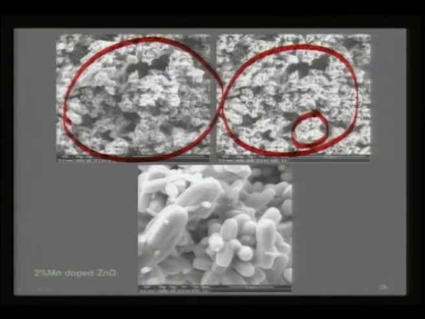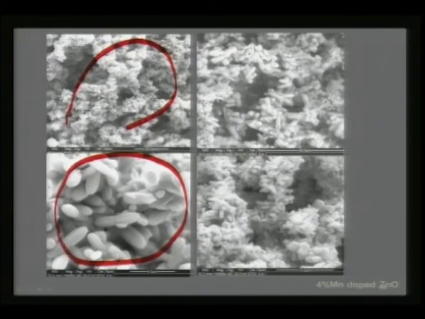You do not see any secondary phase, whether in backscattered or secondary electron image. So we can clearly say that manganese is doped, whereas if you take 4%, you see almost the same feature and you do not seem to see any secondary phase that is prominently seen. So you can have a variety of view graphs for that.